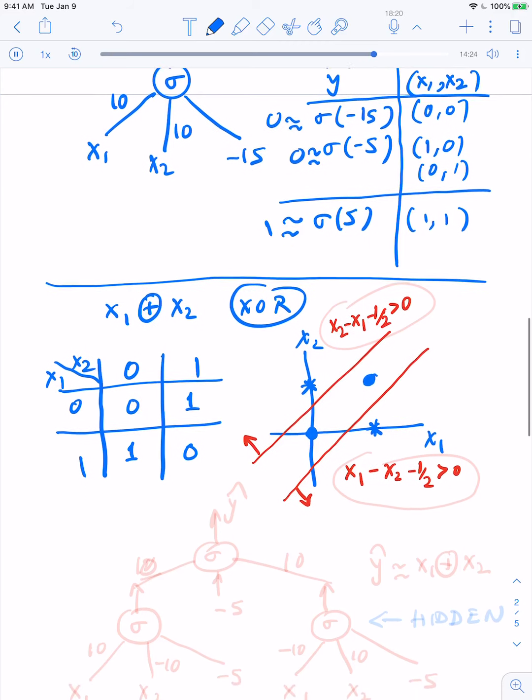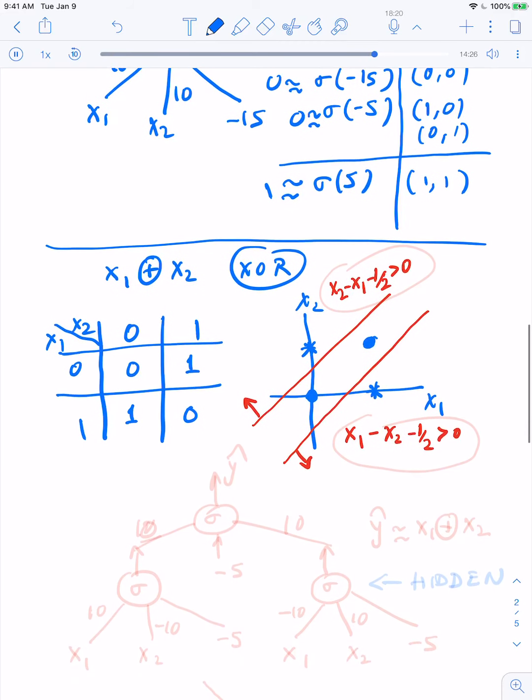So as before, each of these lines I can implement using a sigmoid. So I have a sigmoid and x1, x2, and a bias coming in. If I multiply everything by a factor of 10 like I've been doing, I'll get 10, minus 10, and minus 5 for the first one.